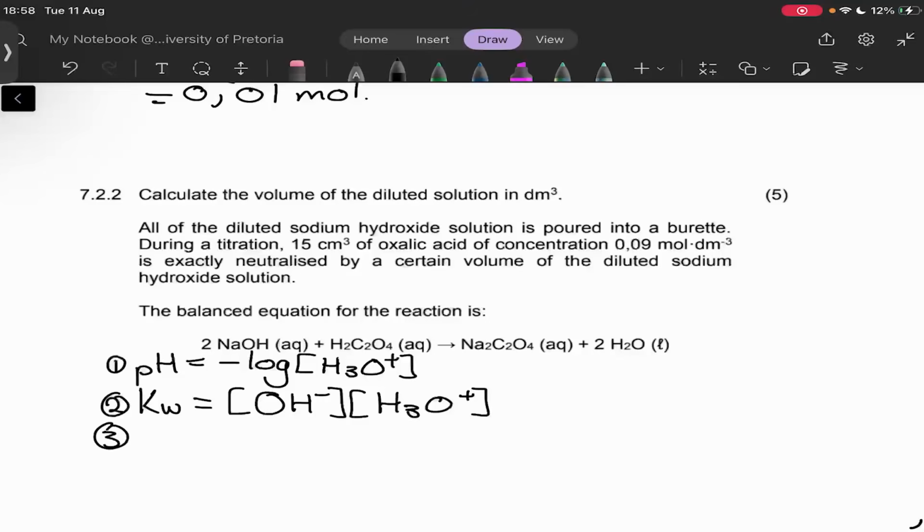Number 3, I have to now relate the concentration of hydroxide to the concentration of sodium hydroxide, which in our case, we should note as 1:1.